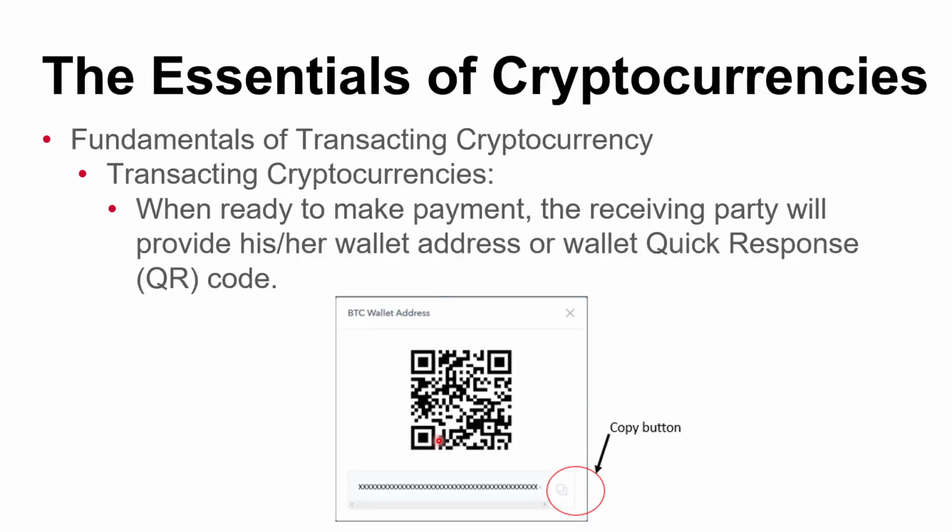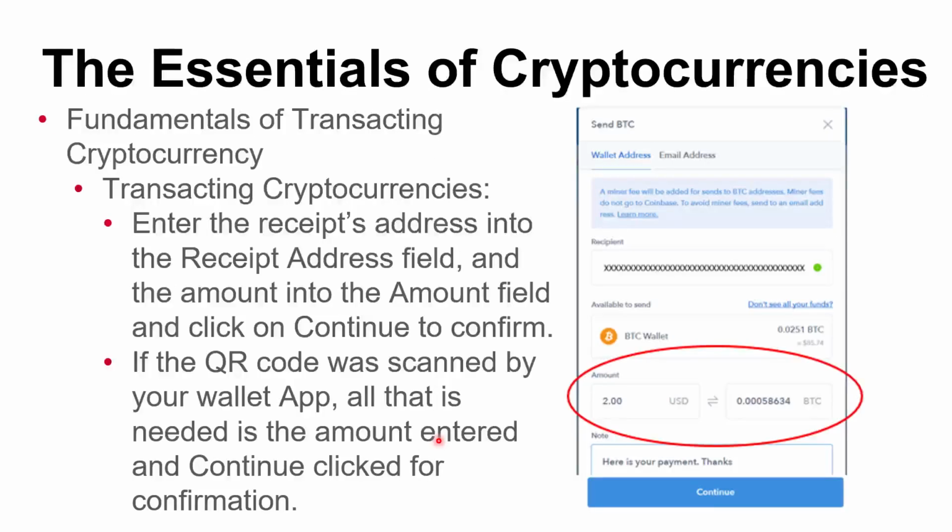So here's an example of what looks like a mobile or an app digital wallet. When you're ready to receive a payment, the receiving party will provide his or her wallet address, usually through a quick response code. And then you'll enter the recipient's address into the recipient address field.